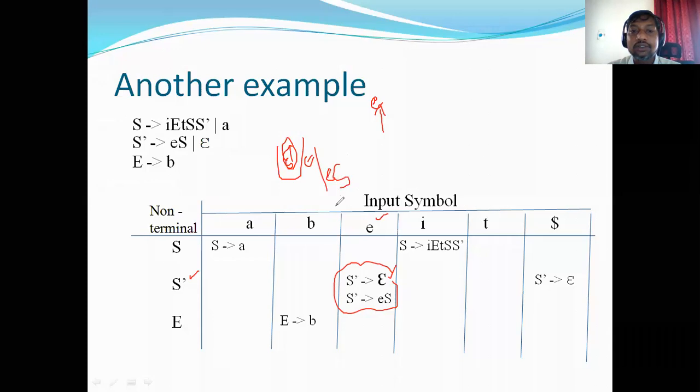So this type of grammars are said to be non-LL1 grammars. This is a classical example for a non-LL1 grammar.